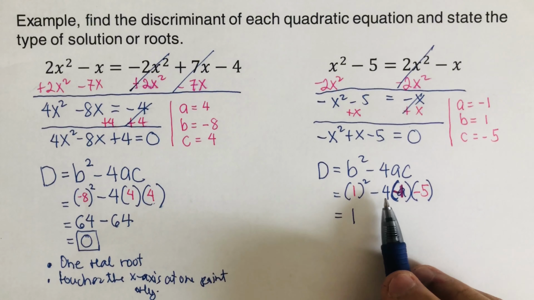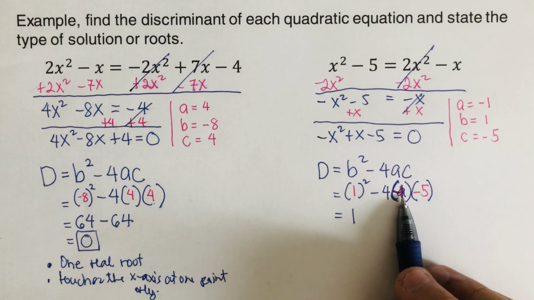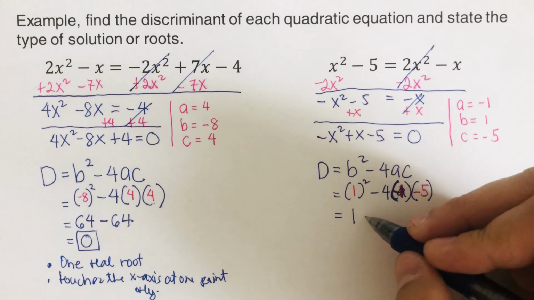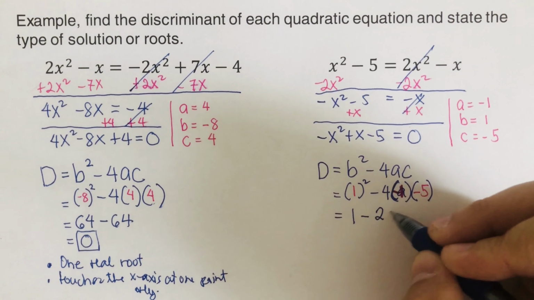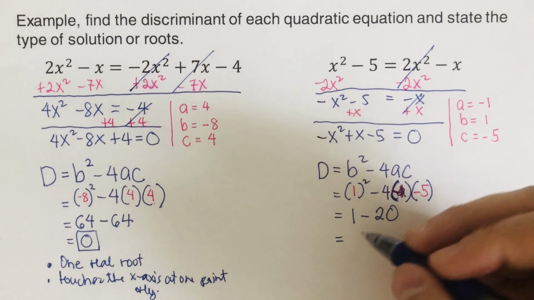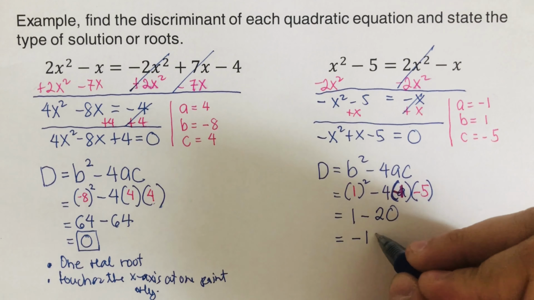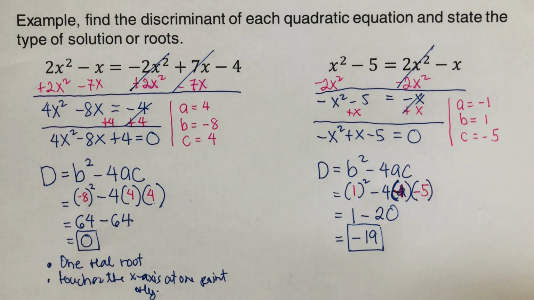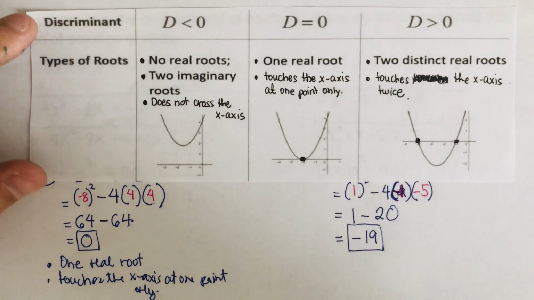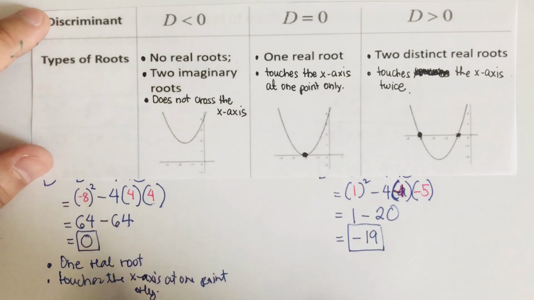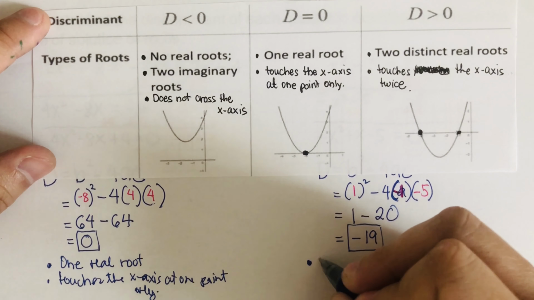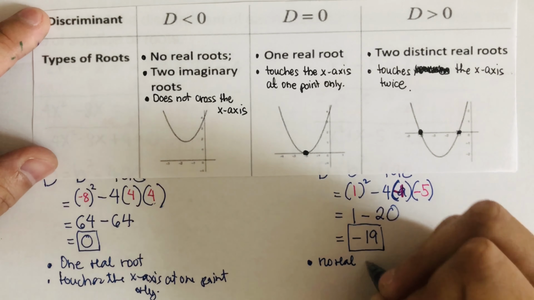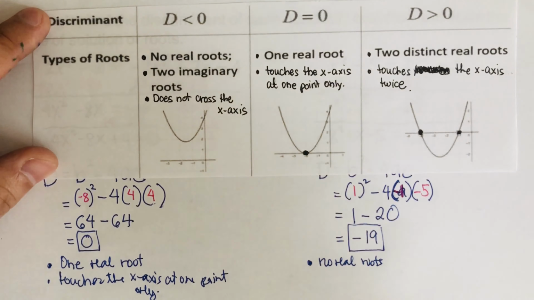And then negative 4 times negative 1 times negative 5 is negative 20. So then we have negative 19 as our discriminant. We look it up on the description that we have here. Negative 19 is less than 0. So then we can go ahead and write no real roots. So the roots are imaginary.